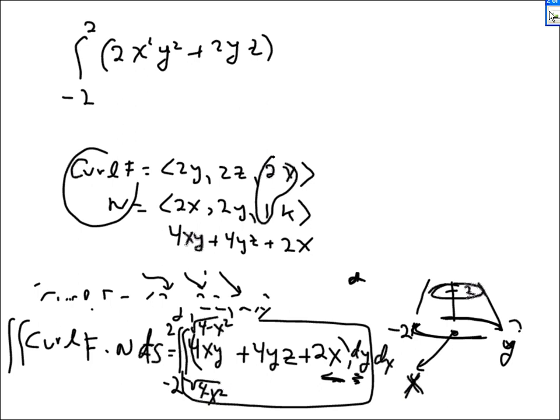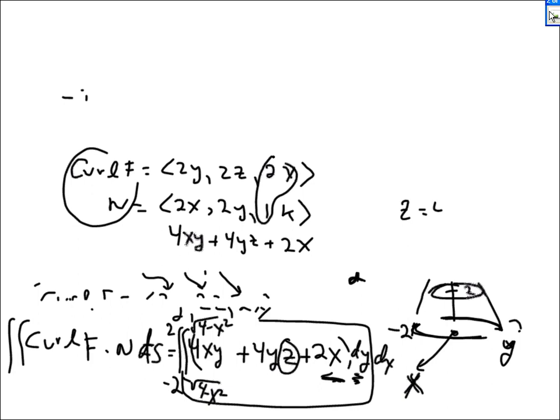Now, the one thing that I should state first is, just in case z is in terms of x and y, we need to get rid of the z right here. But we were told what z equaled.